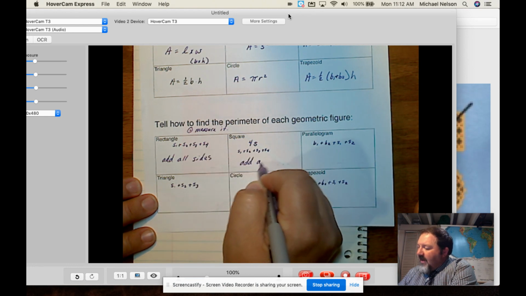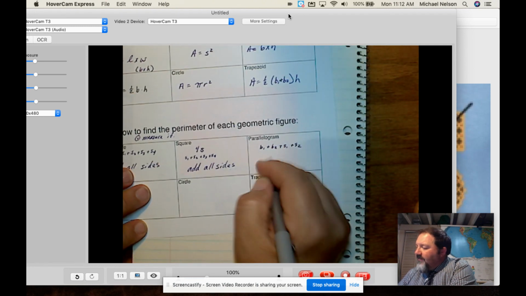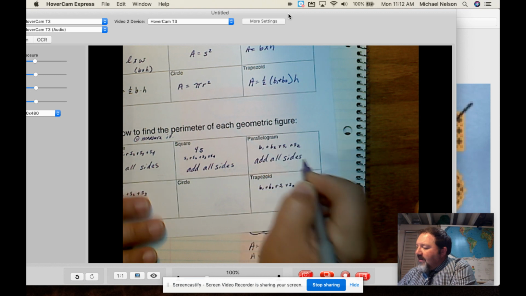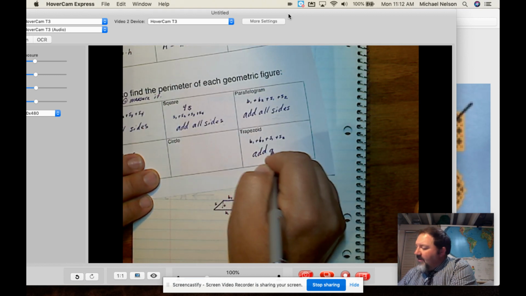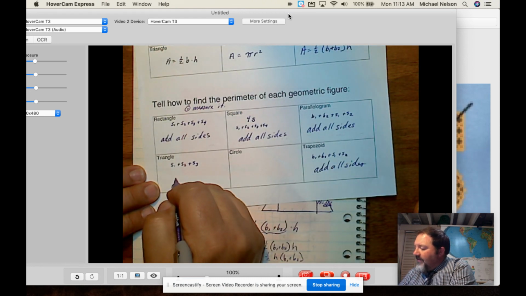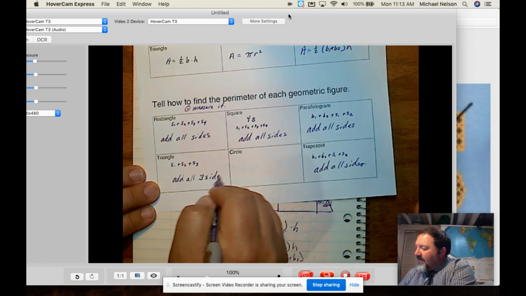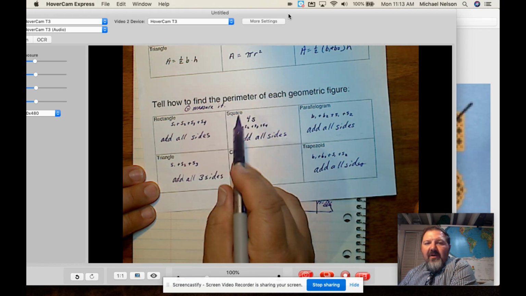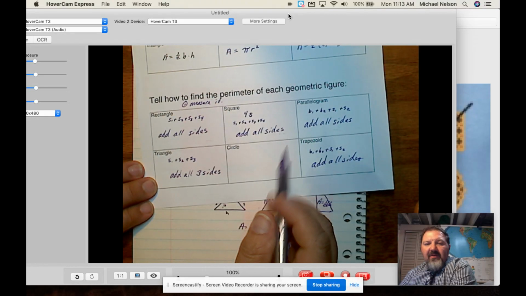Square, add all sides. Parallelogram, add all sides. For a trapezoid, add all sides. And for a triangle, add all 3 sides. Okay, these all have 4. Now, for a square, I still think just multiplying by 4 is easier, so the formula for this would be easier on that.